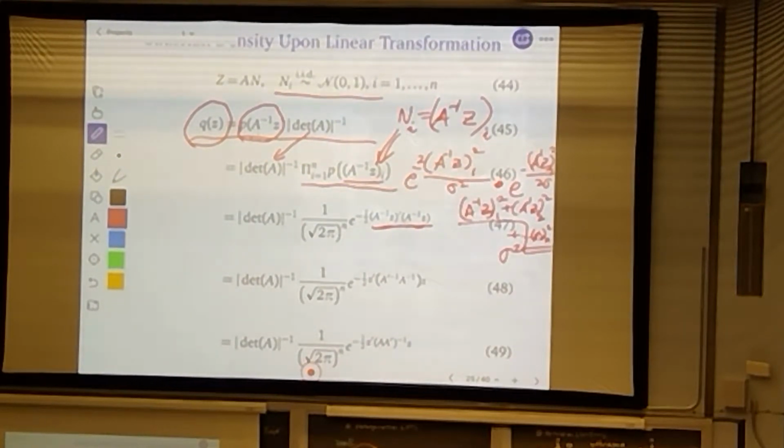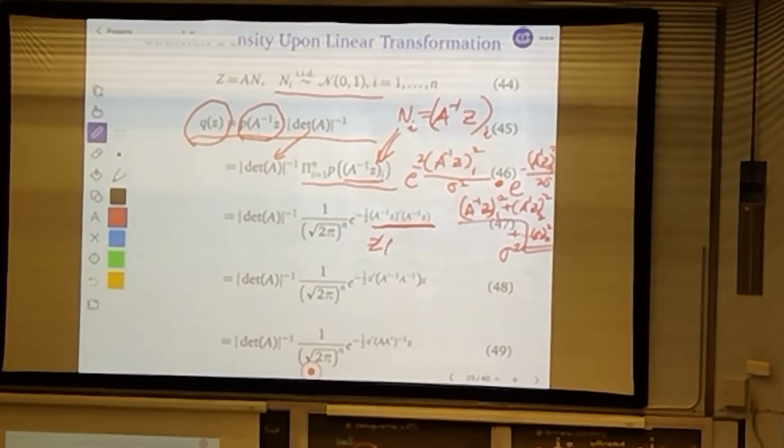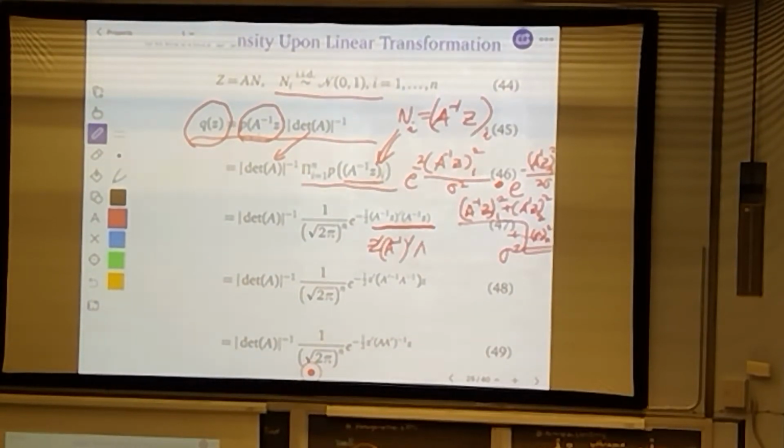So you can simply represent it as this. And if you spell this out, it's Z transpose A inverse transpose A inverse Z. So you get to this. And then you take the inverse out, and it becomes AA transpose inverse.